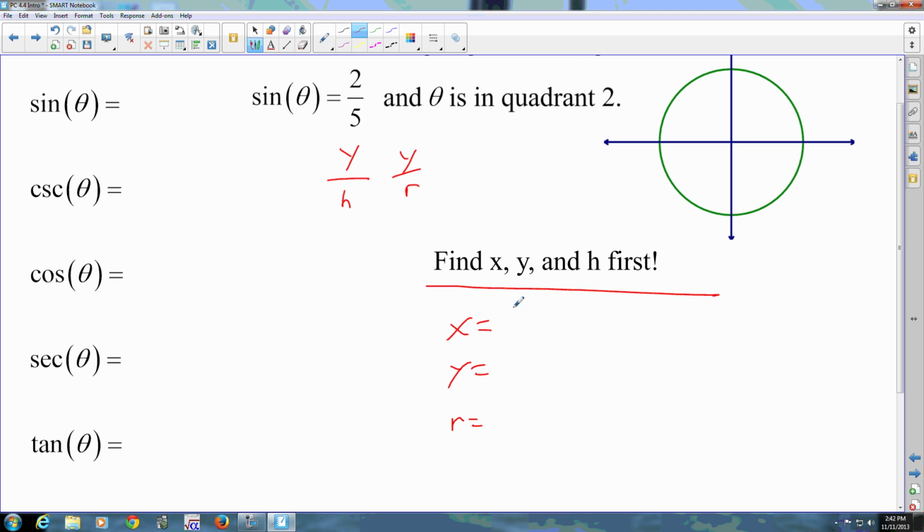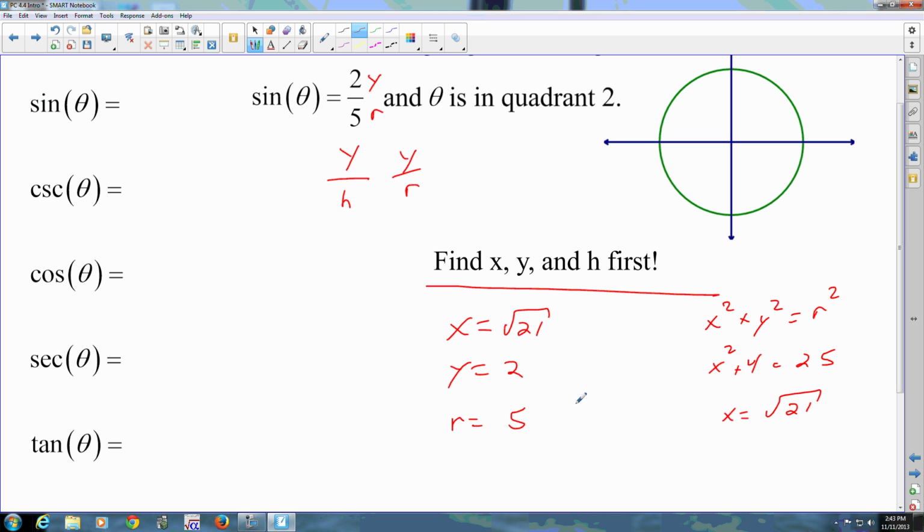So this is your y, this is your radius. 2, 5. And it's the Pythagorean theorem to find your missing piece, in this case, x. X squared would be 425. So x is equal to the square root of 21.